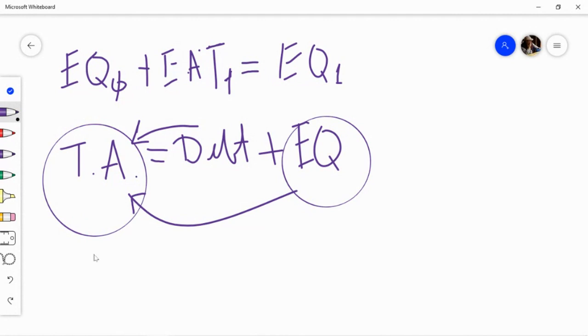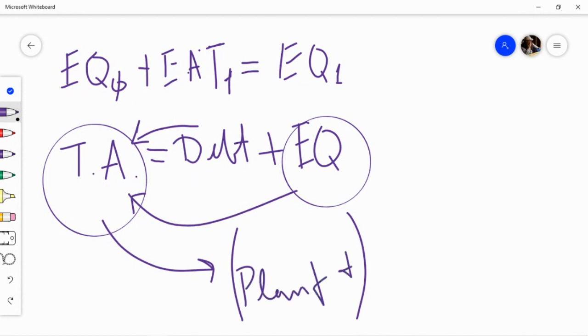Why? Because from total assets, what is determined? The size of the plant and equipment. You all know total assets break down into current assets and non-current assets. Current assets are liquid assets, basically just in the form of cash flow, right?